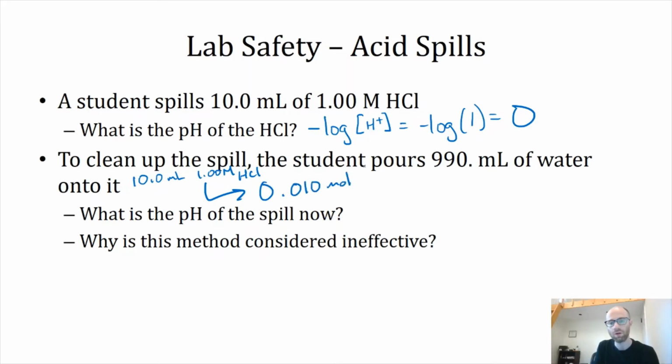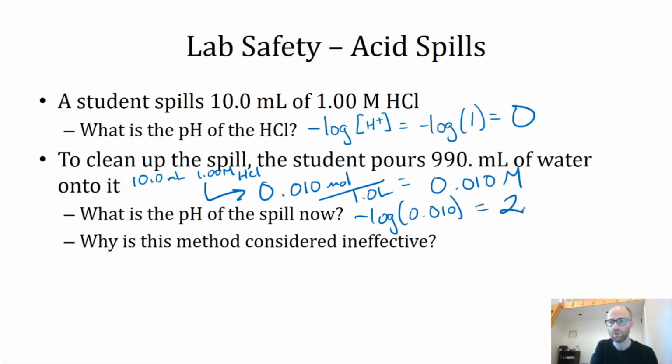As we pour 990 milliliters of water into the 10 milliliters, we're now going to divide that by 1 liter. And so we have 0.010 molar. So the new pH would be negative log of 0.010, which is equal to 2. So taking a 10 milliliter sample, which is a very small amount, and diluting it down to a whole liter, only changed the pH by a factor of 2.